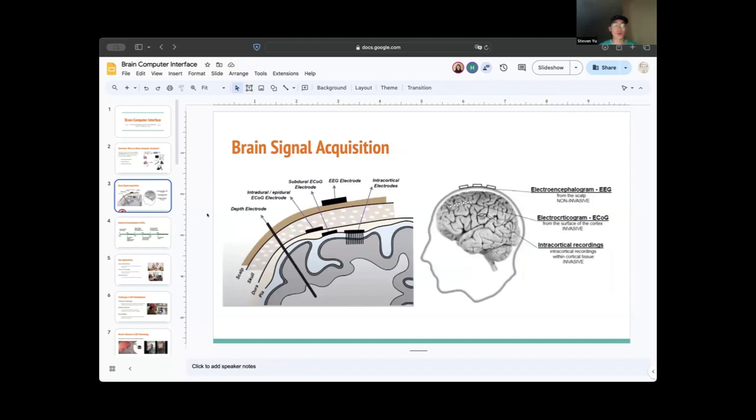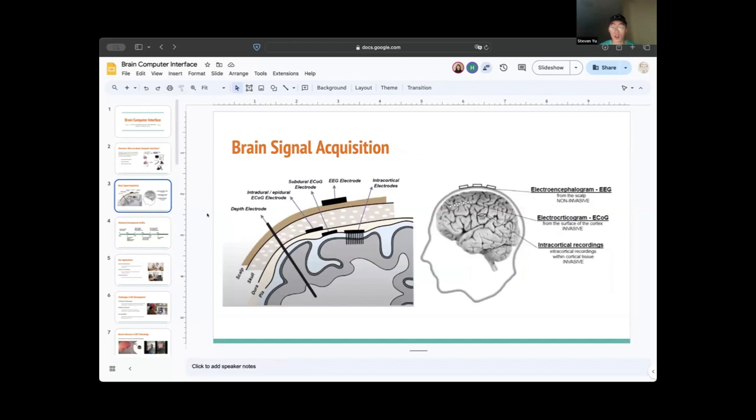And then for the brain signal acquisition, I think this is the most important part, since extracting signals from brains has always been a challenge. Currently there are three main methods, two invasive and one non-invasive. For the non-invasive one, we have EEG, where we attach electrodes directly to our skull to extract the data.